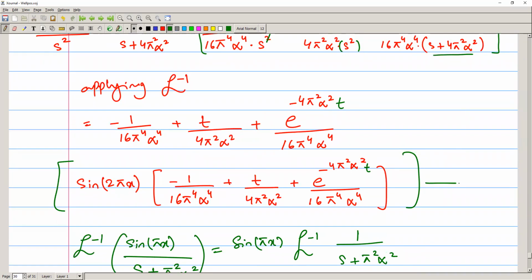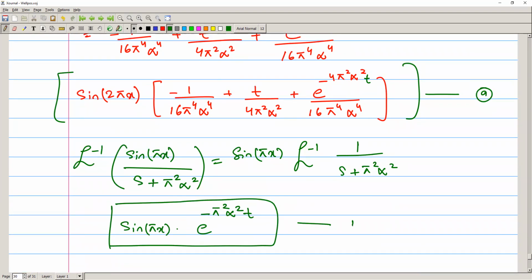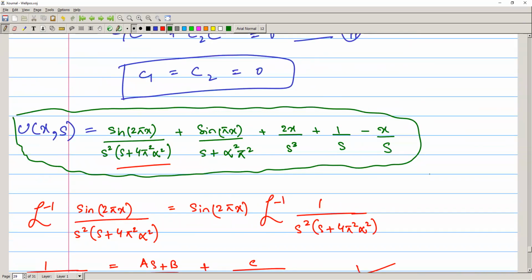So we can call it equation A, this as equation B. And finally, now we will compute the inverse transform of these three. Now we are done with this one and this one. We are left with these three.